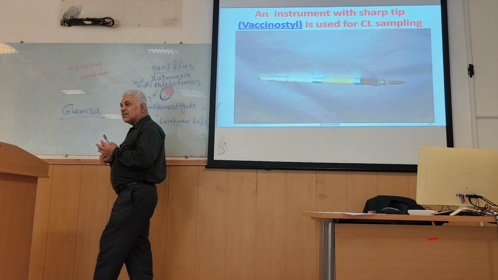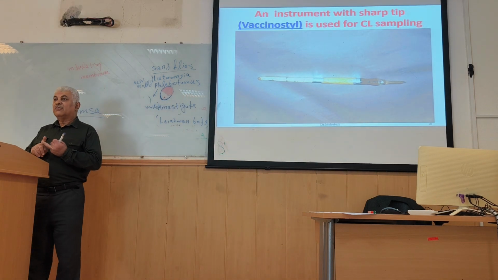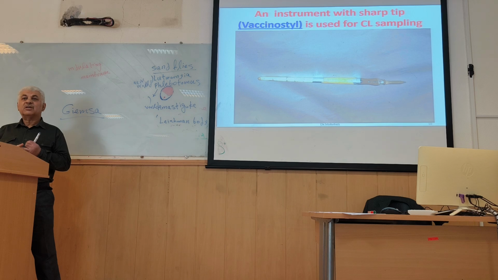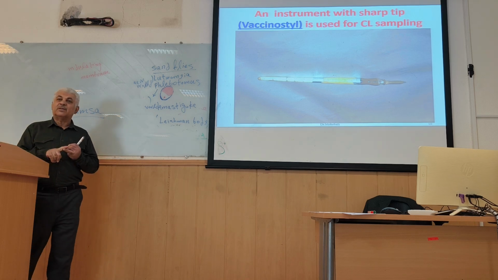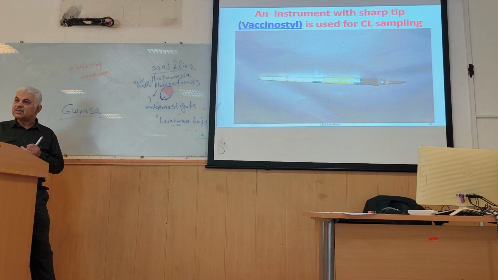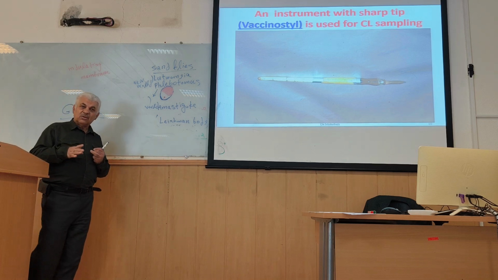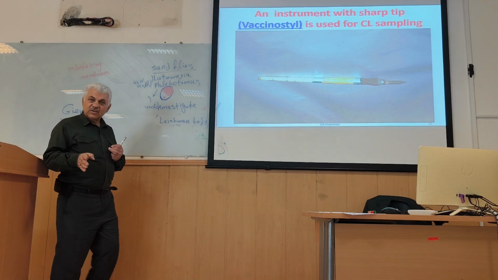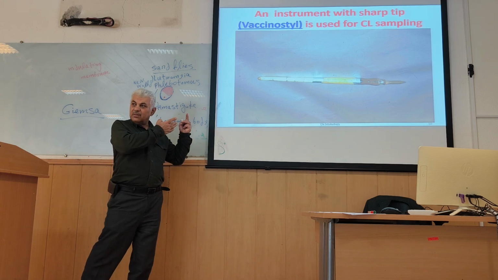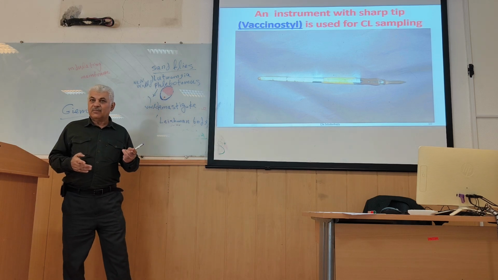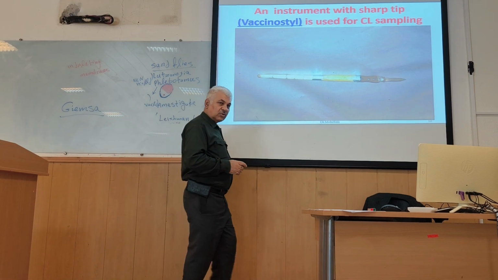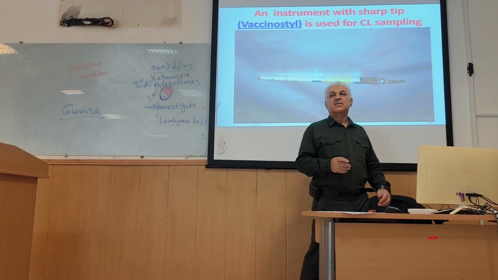So the first procedure for the diagnosis of the cutaneous, visceral and mucosal forms of leishmaniasis is the parasitological method, and the first stage of the parasitological method is microscopy. We can use microscopy for demonstration of amastigotes.